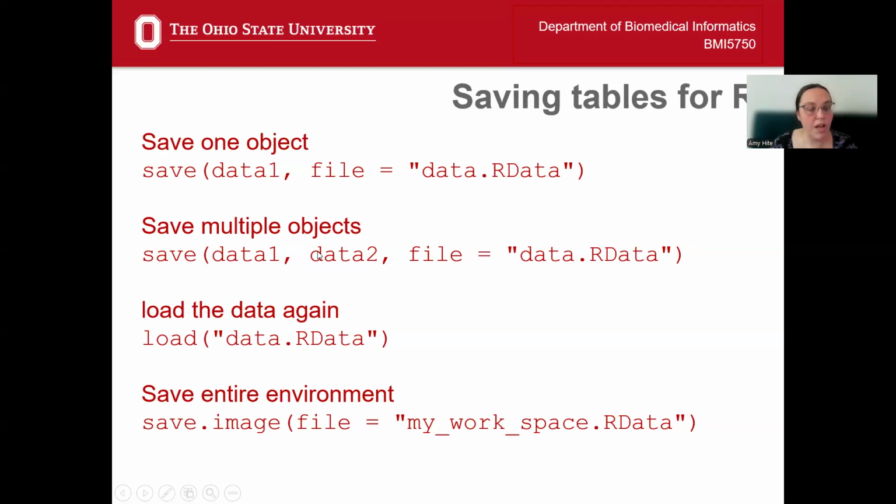You can save multiple objects. These can be tables, lists, any type of object you generate in R. You can save everything in your environment. And then sometime later, maybe in a different script, you could load that data in again. We load this file. Maybe you need to include the path to your file if it's not in your working directory.